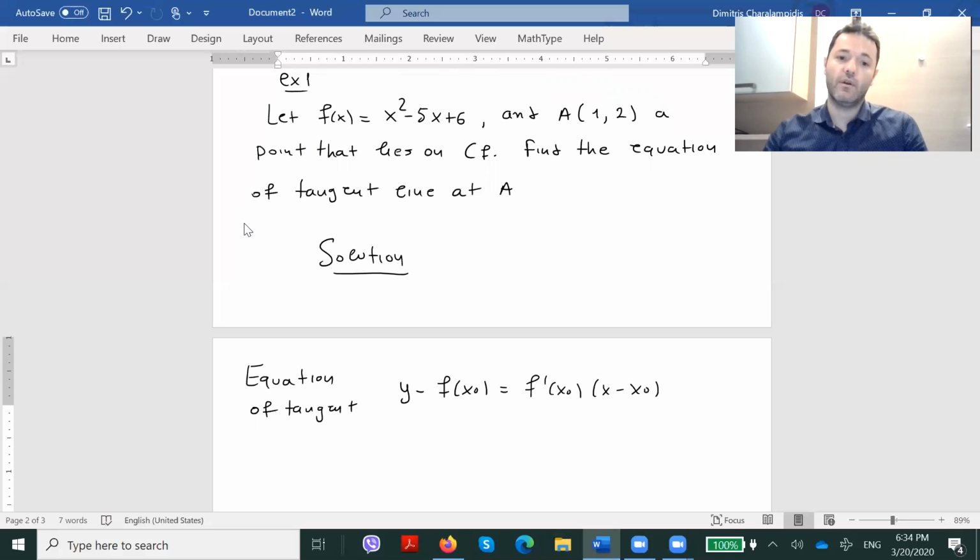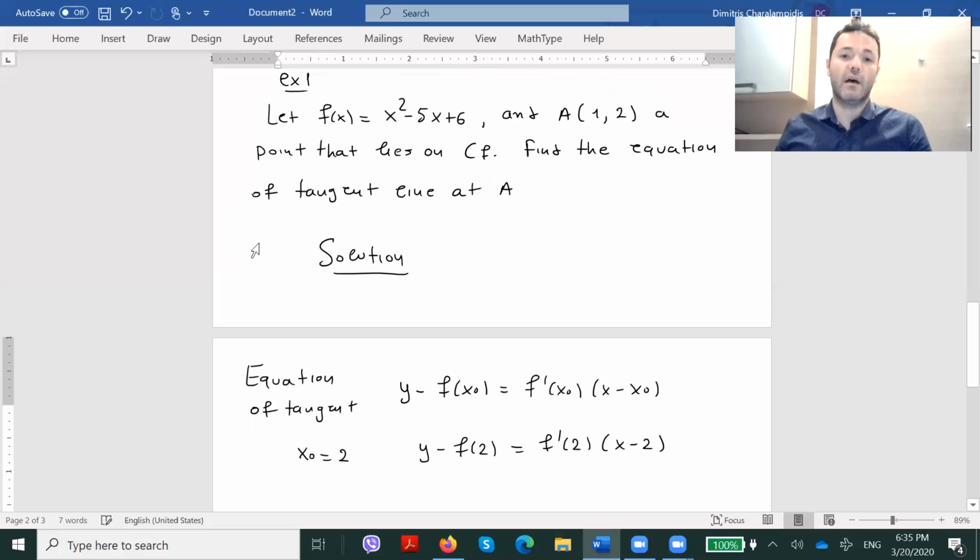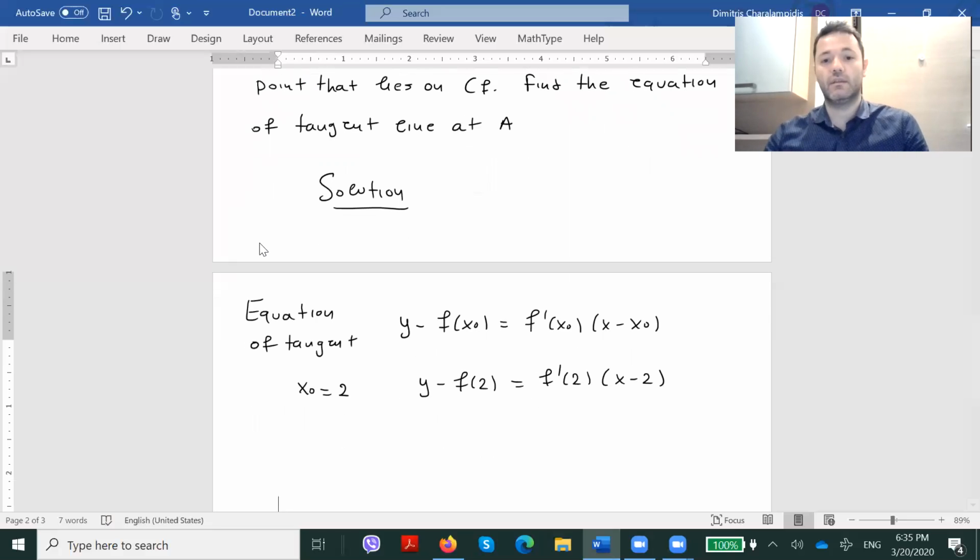Here we know that x0 will be equal to 2. Therefore, we get y minus f of 2 equals f prime of 2 times x minus 2. All we need now to do is calculate f of 2 and f prime of 2.